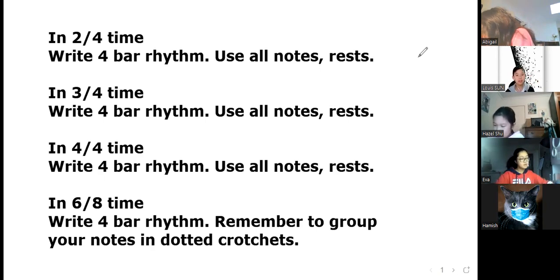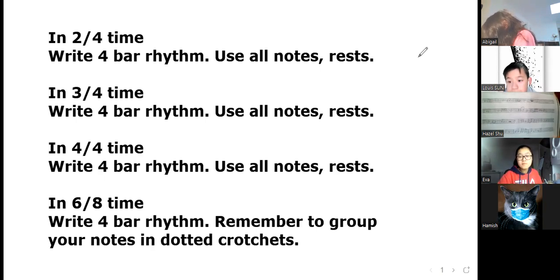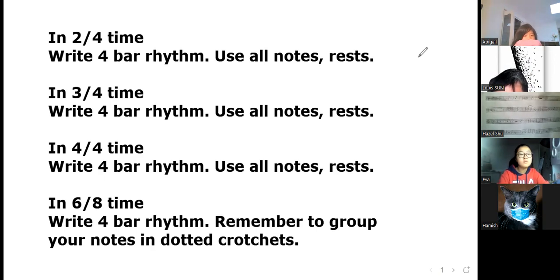You don't put them as triplets. Hazel, yeah, 6-8, your grouping's a little not right.